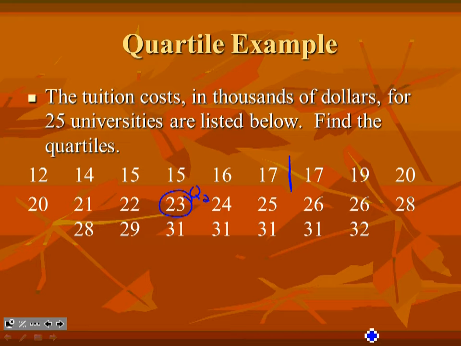So it's halfway between 17 and 17. 17. And of course, if we weren't sure, just add up those two numbers and divide by 2. And then, of course, we can do the same thing on the upper half of the data.